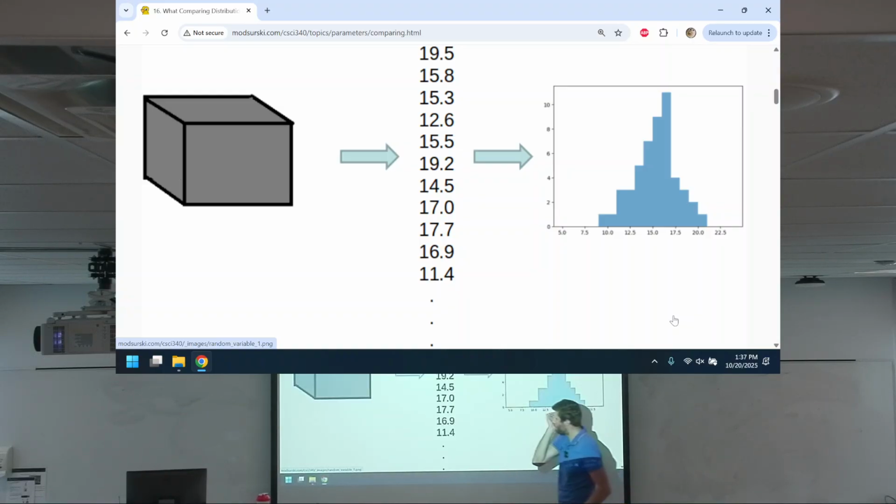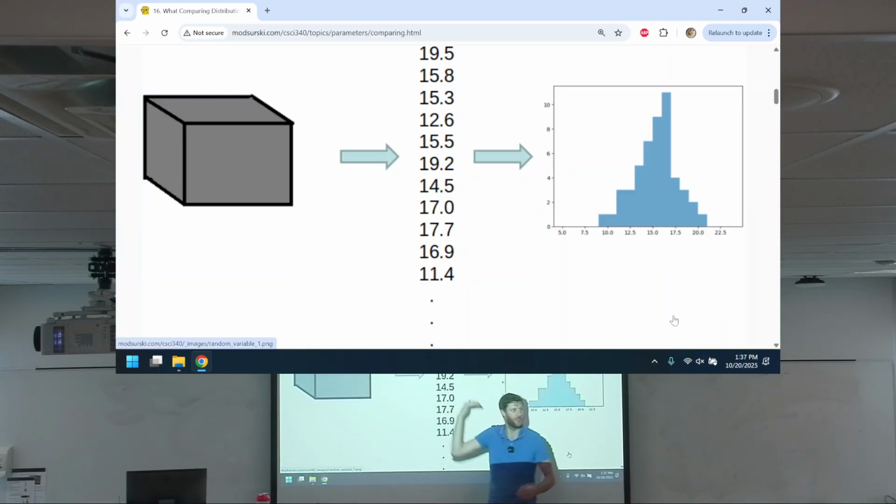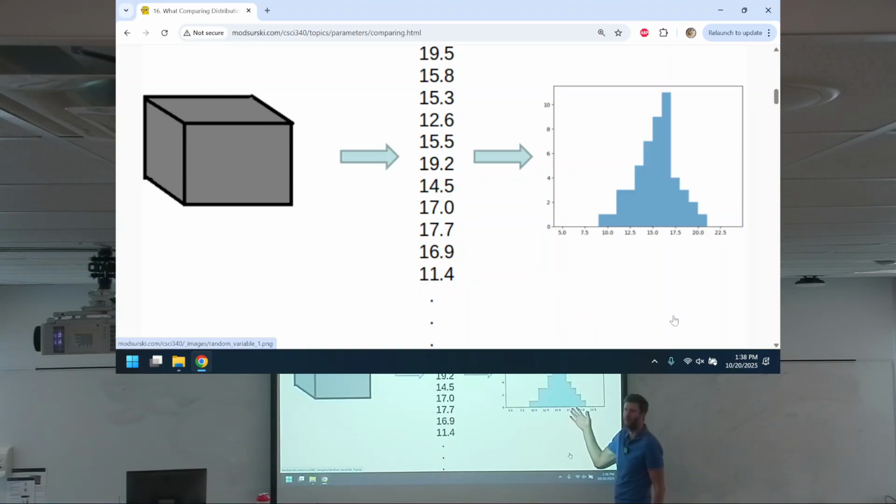So presumably, if I have observed this thing for a sufficiently large amount of time, I'm going to get a pretty representative distribution of what I could expect out of that box, right? You've heard of things like confidence intervals before, right?